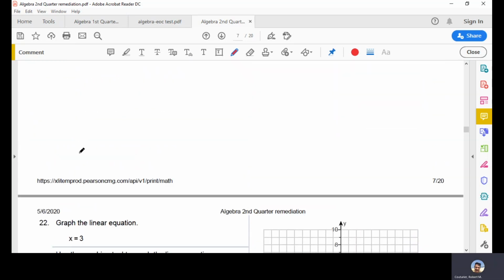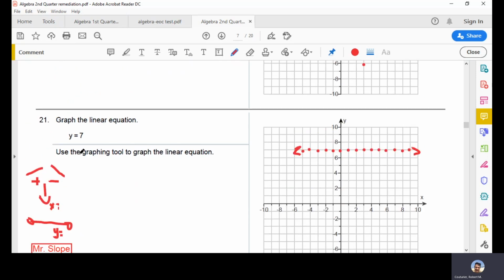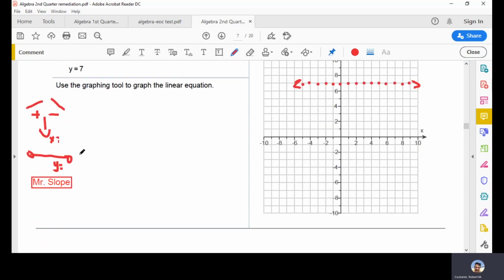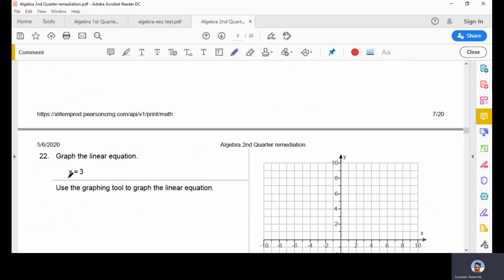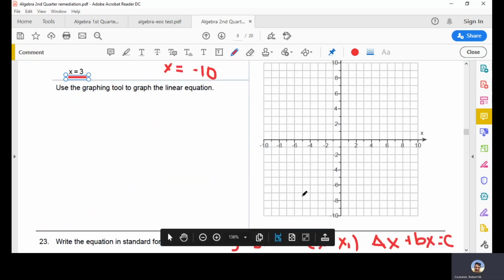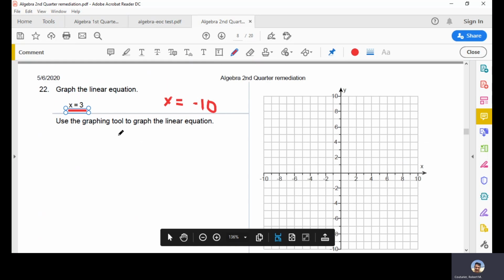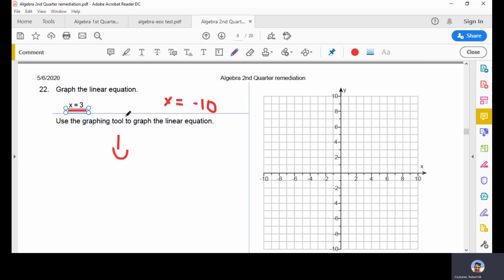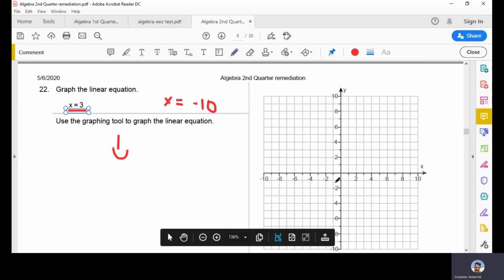And imagine that. If I just made you graph a line that was y equals, of course, I'm going to make you graph a line that's x equals. So let's graph, I'll leave this one for you. Let's graph x equals -10. So it's going to be like Mr. Slope's nose. Undefined line, it is straight up and down, so it's going to cross that x-axis at -10.